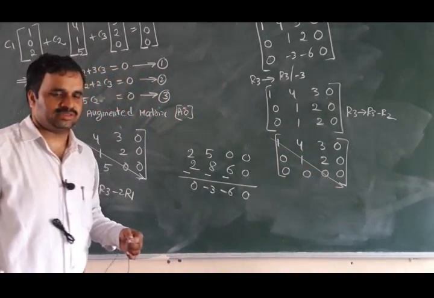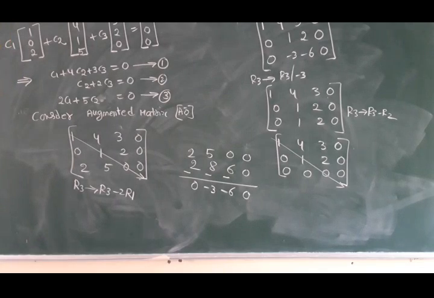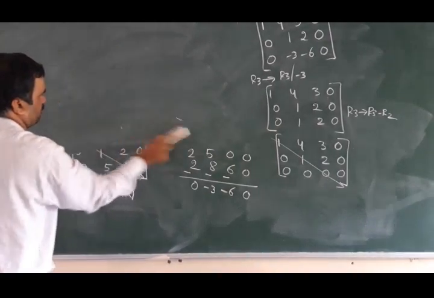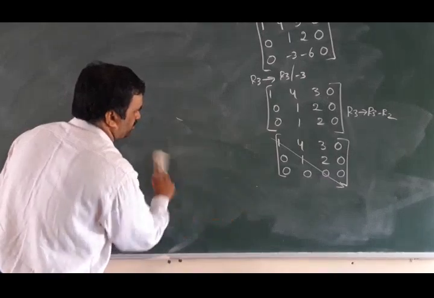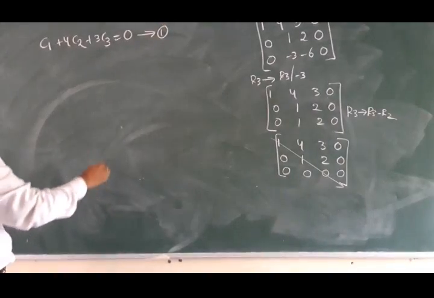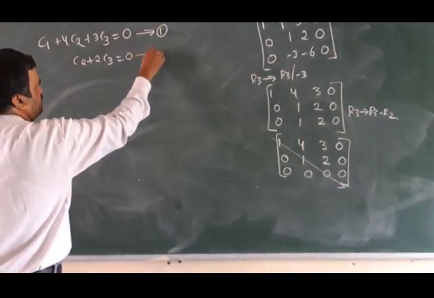I can write the equations back. 1C1 plus 4C2 plus 3C3 equal to 0, equation number 1. 0C1 plus 1C2 plus 2C3 equal to 0, equation number 2.